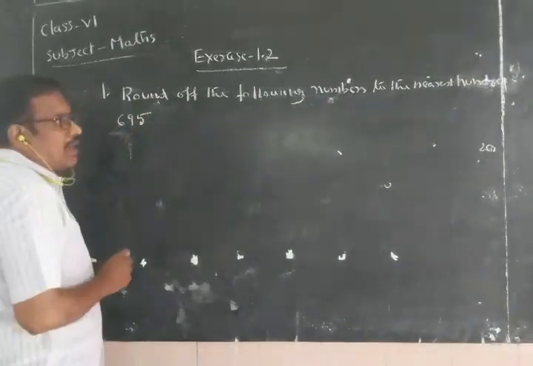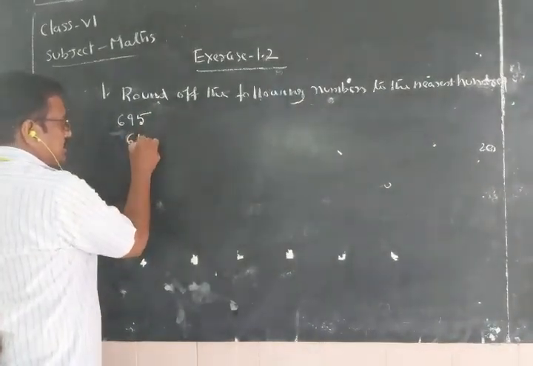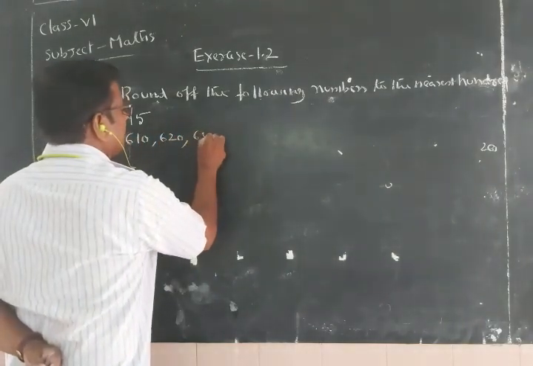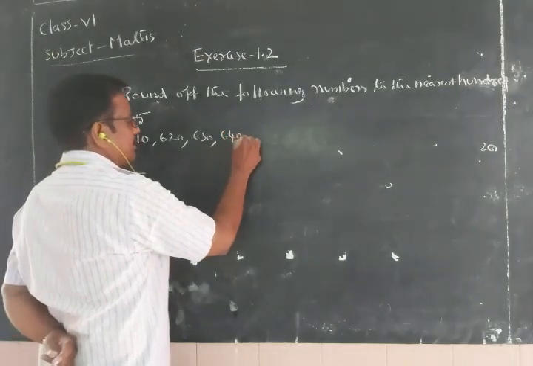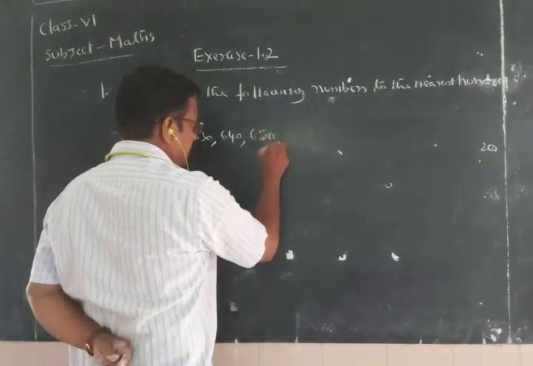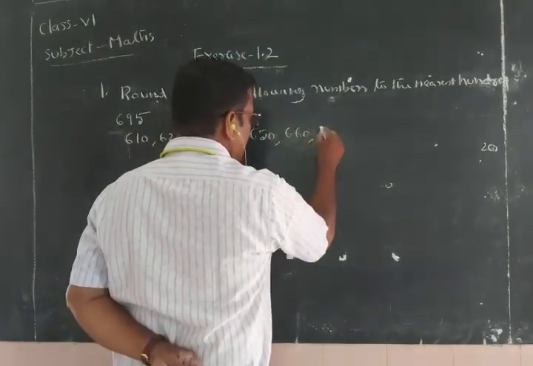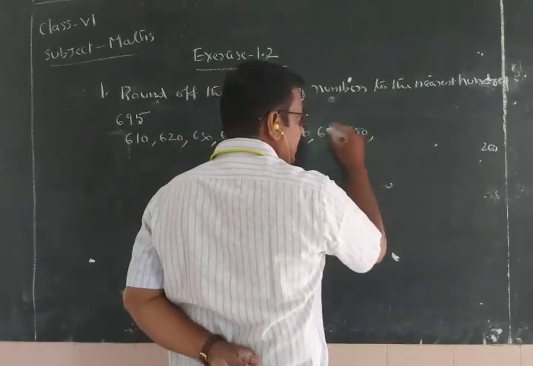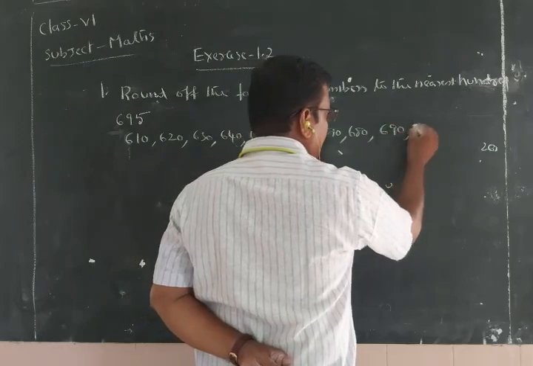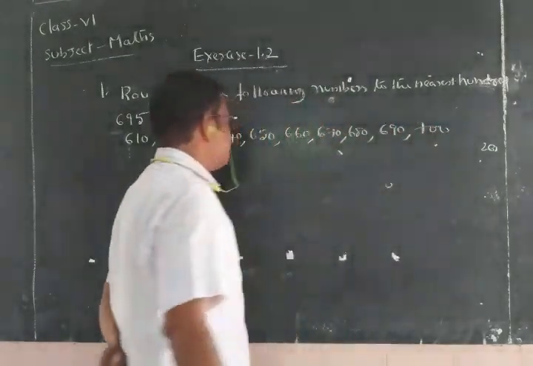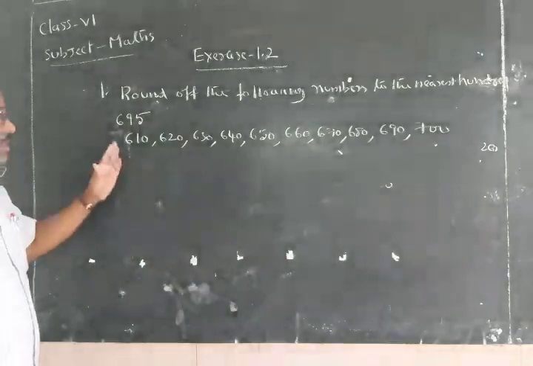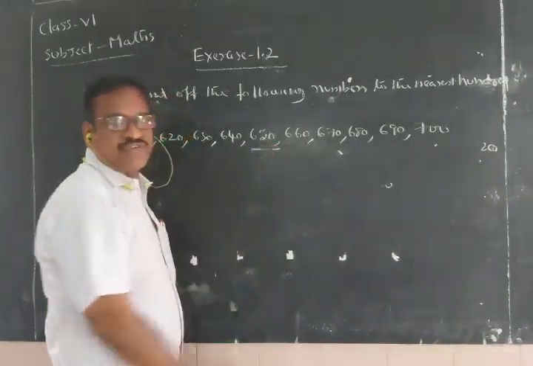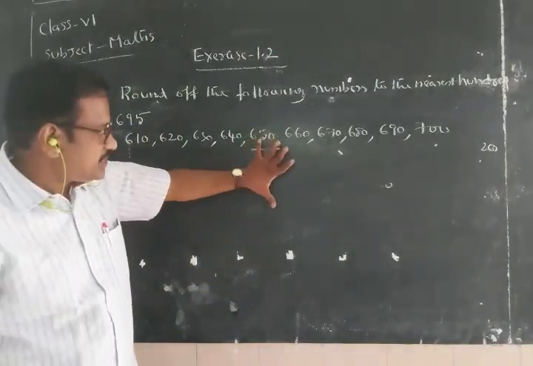Nearest 100 means you first write 610, 620, 630, 640, 650, 660, 670, 680, 690, 700. These numbers are written on the board. Which is the middle of the numbers? 650.